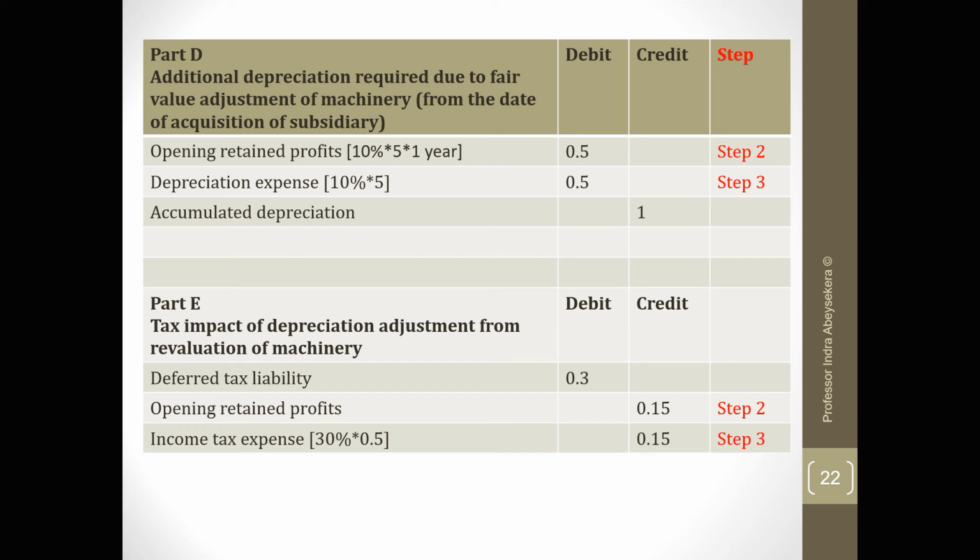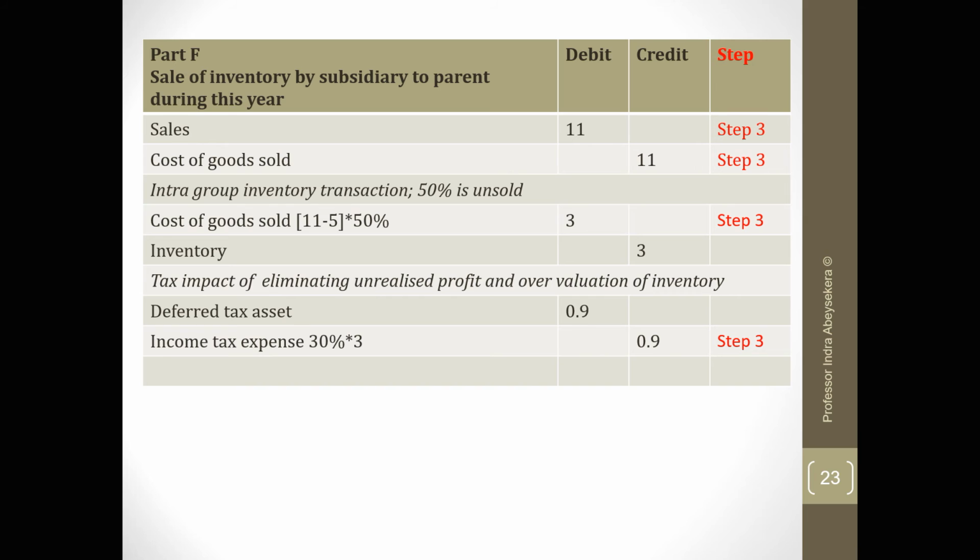We need to make notes here that the opening retained profits and current period expenses are related to step 2 and step 3, so that we can later calculate non-controlling interest under the 3 steps. The sale of inventory by the subsidiary to the parent, their sale and cost of goods sold, so that's step 3.